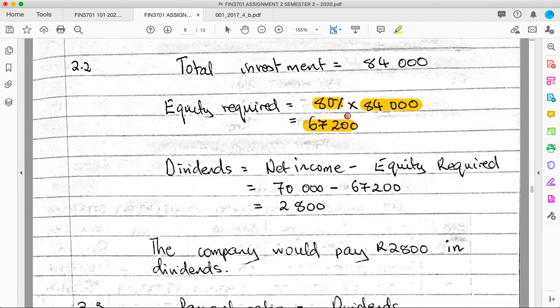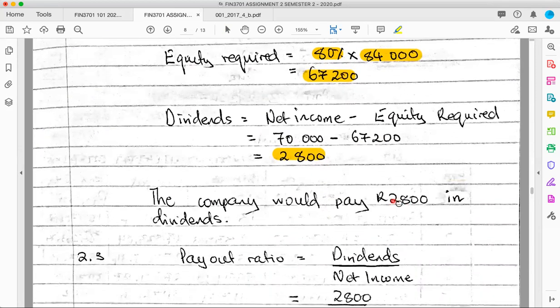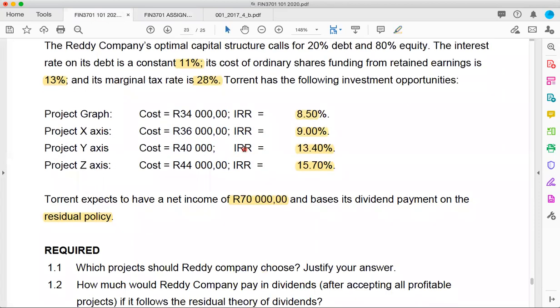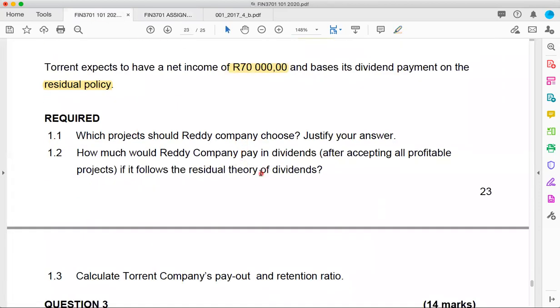And then this equity will be paid from net income. So we'll take our net income minus the equity required, and then that will give us the amount that's left for dividends. So it means the company will have 2,800 that it can pay out as dividends. So that's the answer for part 1.2.